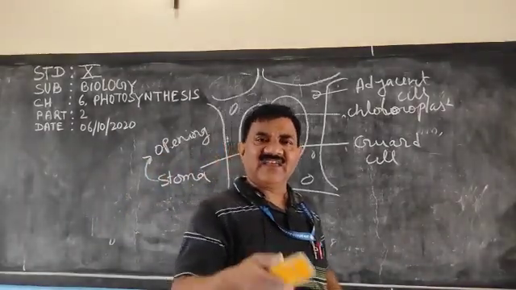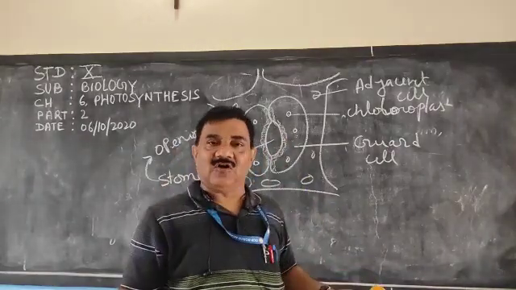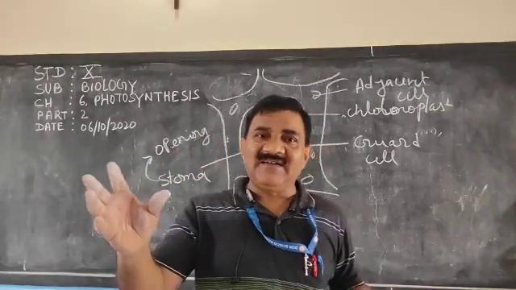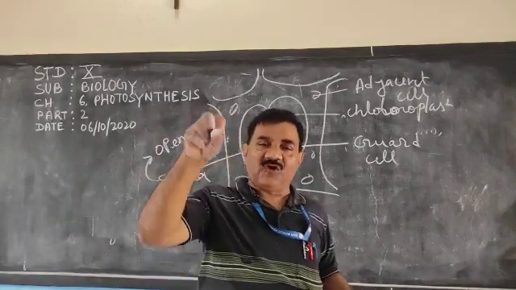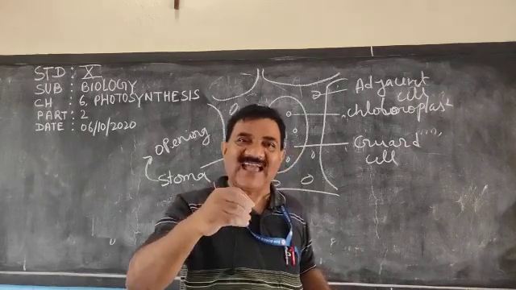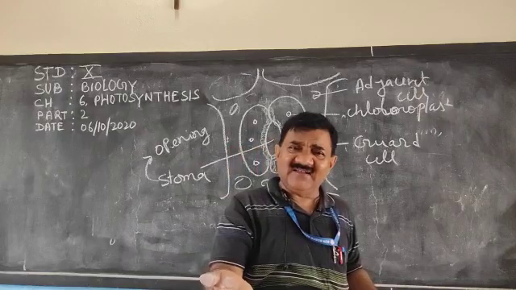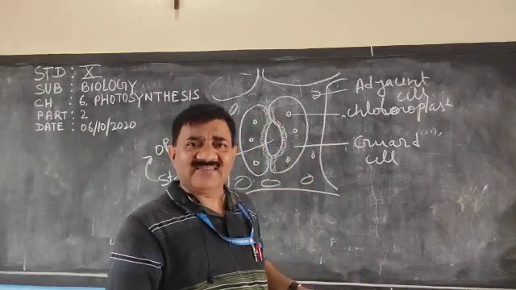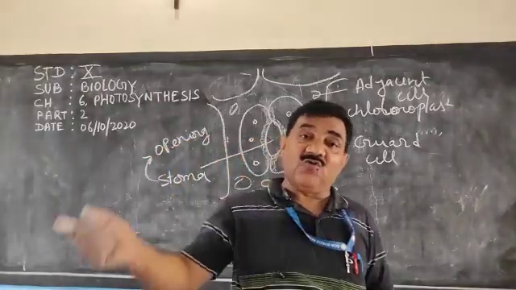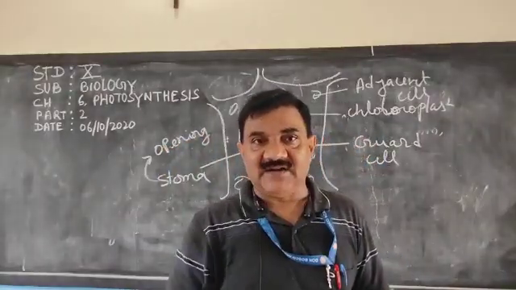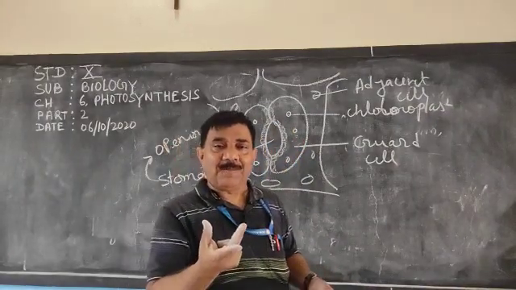Okay, and one thing, stomata actually opens for the diffusion of carbon dioxide, so that carbon dioxide can be taken from the atmosphere or can be released. As we release carbon dioxide, the plant also will release it, means there should be diffusion of carbon dioxide. In the meanwhile, what will happen if the stomata opens?